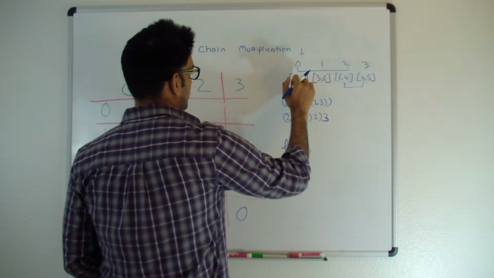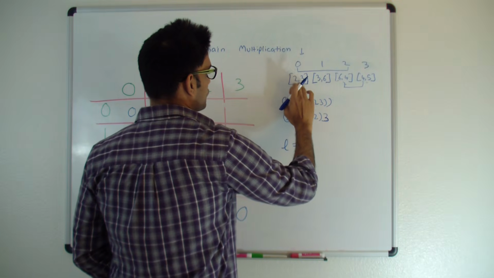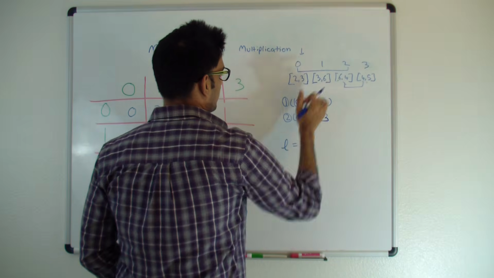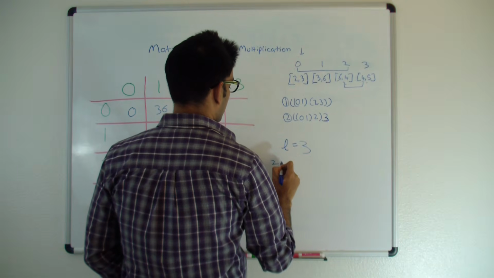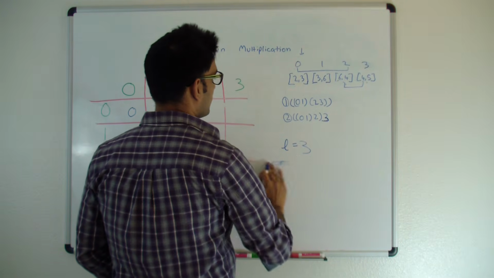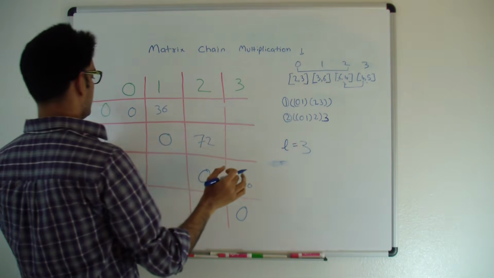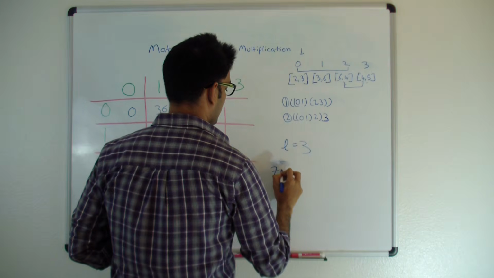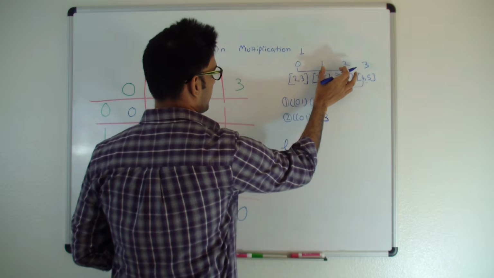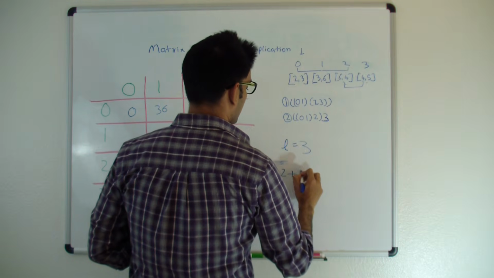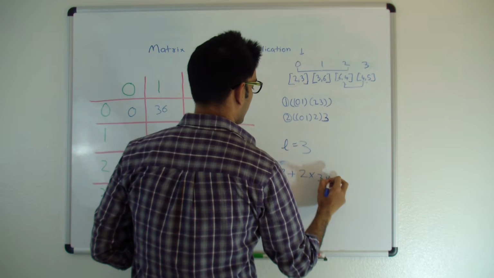So let's try the first way. So I'm multiplying 0 with the result of 1, 2. The cost of multiplying 1, 2 is 72, so 72 plus the cost of multiplying this with this, so that's 2 into 3 into 4.